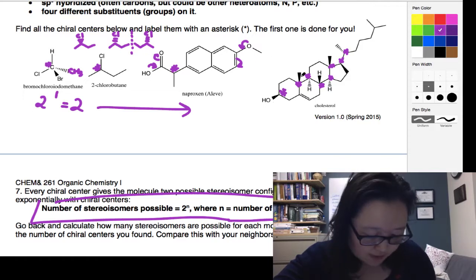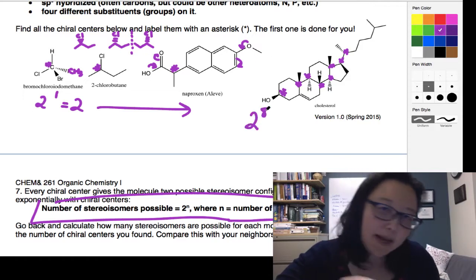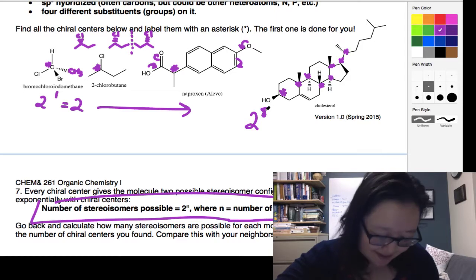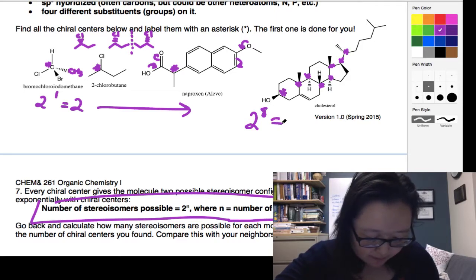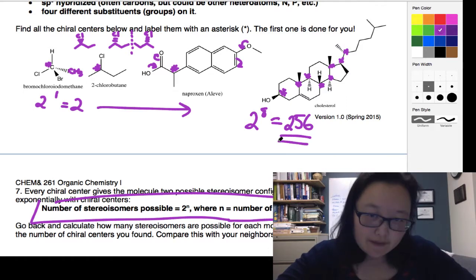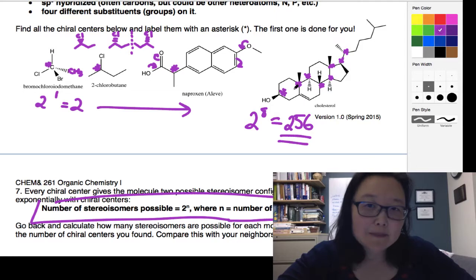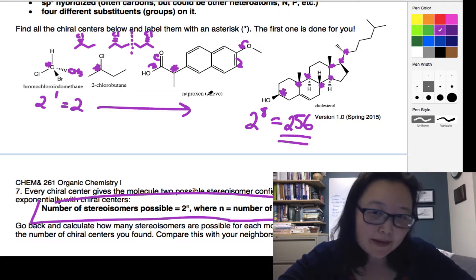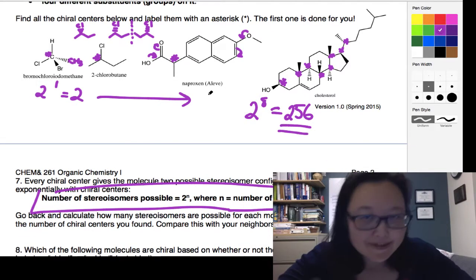Here you're going to have 2 to the 8 power maximum possible stereoisomers. So that's going to be 256. All right. So because you can have any combination of either a wedge or a dash in these 8 positions. Now the body recognizes a very specific one, right? But in theory, you could have many different kinds.